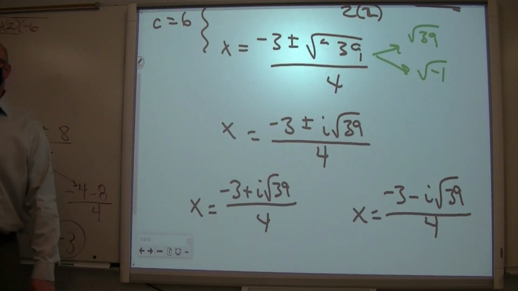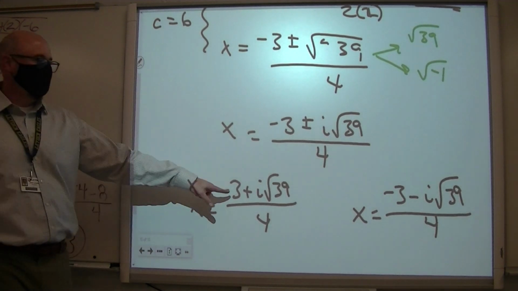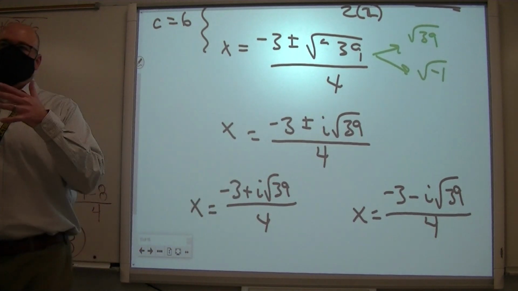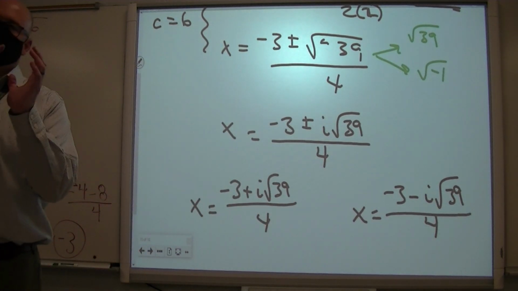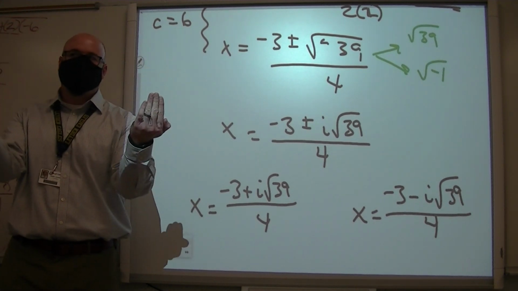And just when you thought the misery was over, we have to separate those fractions because this is a complex number. Complex numbers can't exist in one form. Complex numbers have to be in 2 parts, a real part and an imaginary part.